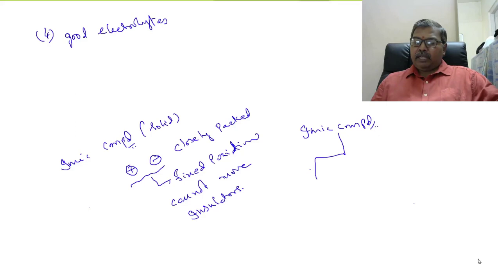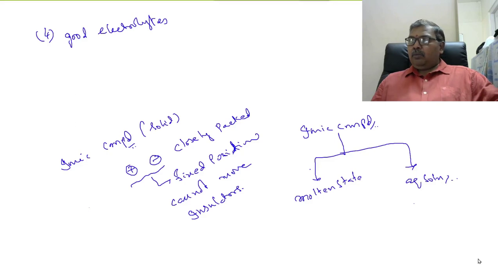Whereas ionic compounds in the molten state, in the aqueous solution. Molten state, see for example Na plus, Cl minus, they move freely because the electrostatic force of attraction that exists between Na plus and Cl minus is not there in the liquid state.